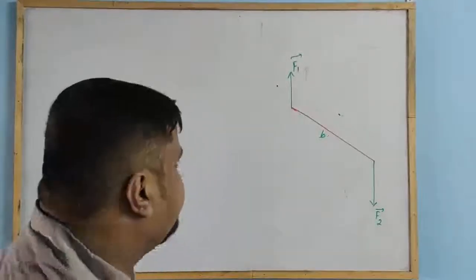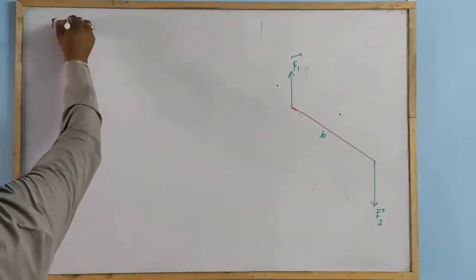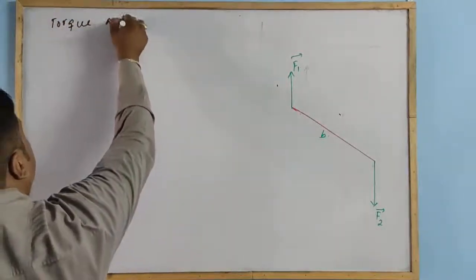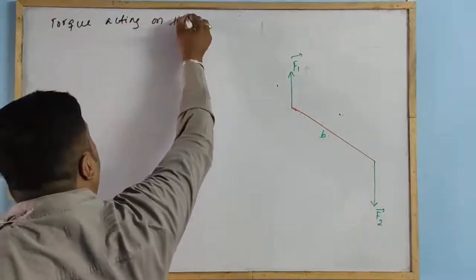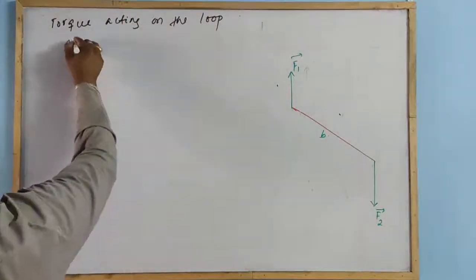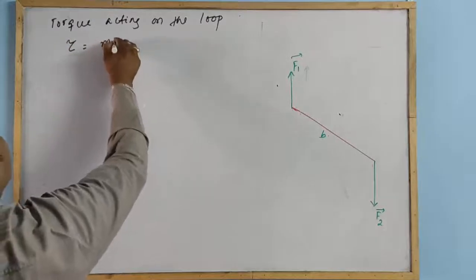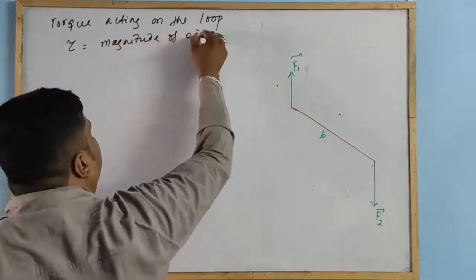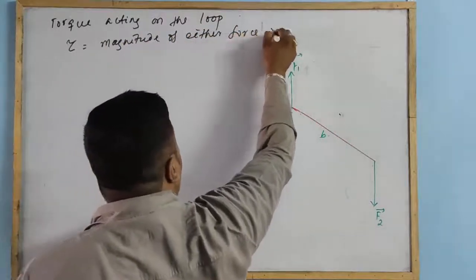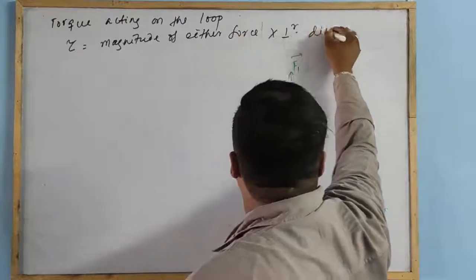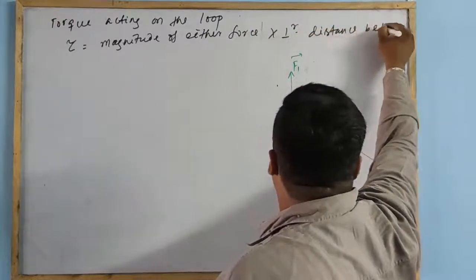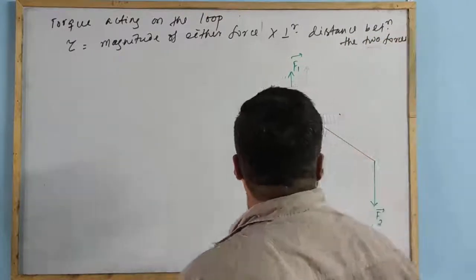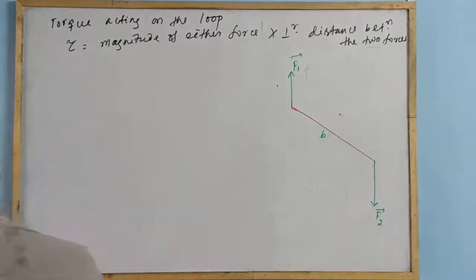Now, the torque acting on the loop, magnitude tau, is equal to the magnitude of either force times the perpendicular distance between the two forces.